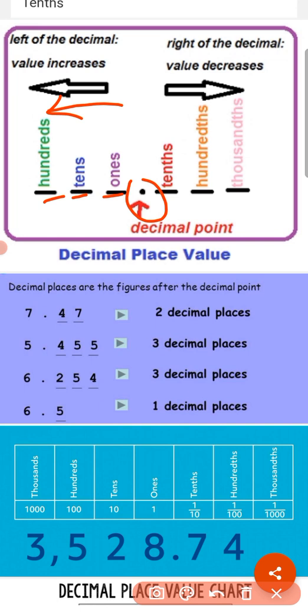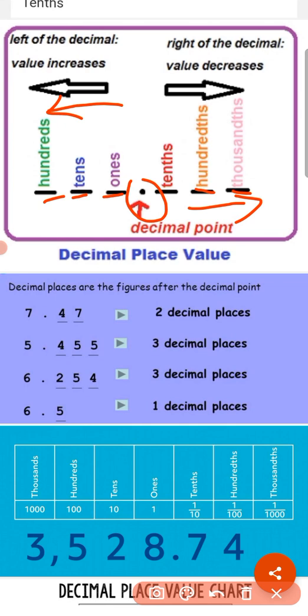But on the right side, the first place is tenths. The second place is hundredths. The third place is thousandths.